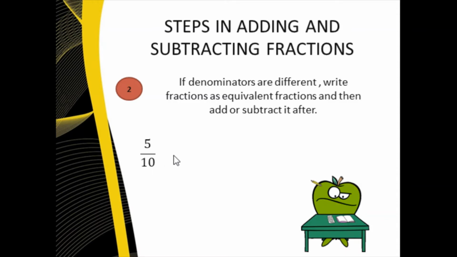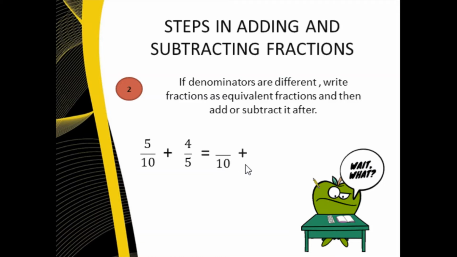Example, 5/10 plus 4/5. 10 and 5 are different from each other, so we try to get their greatest or the highest common factor. For this case, the GCF would be the number that can divide both of the denominators, which is 10.